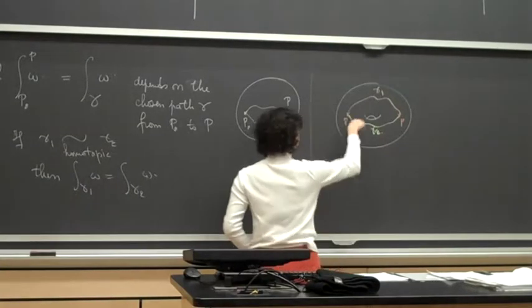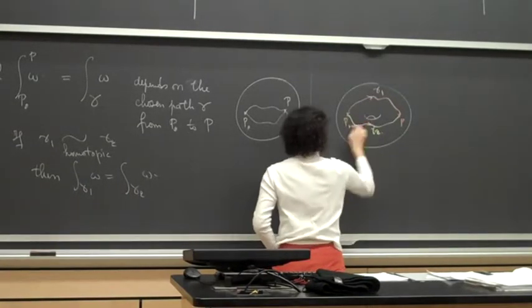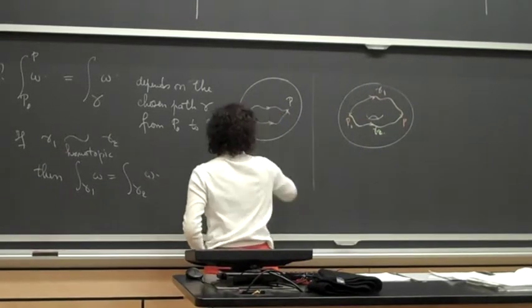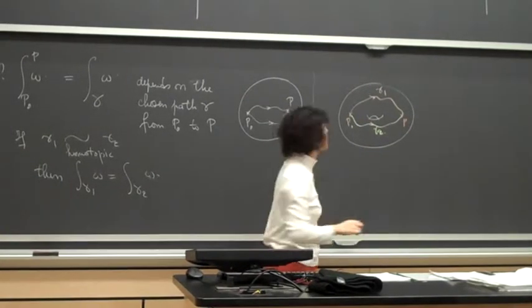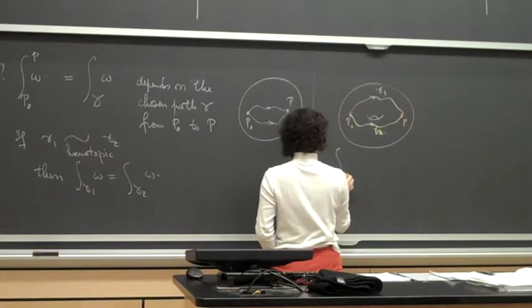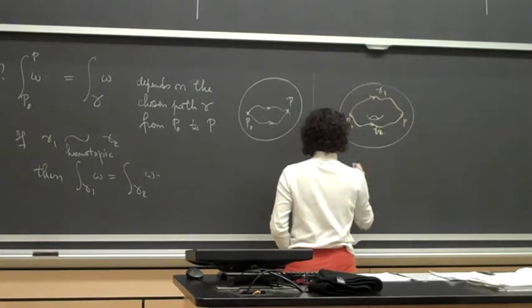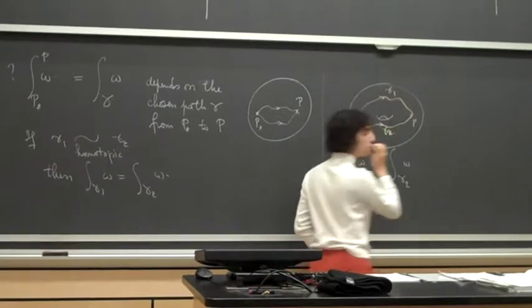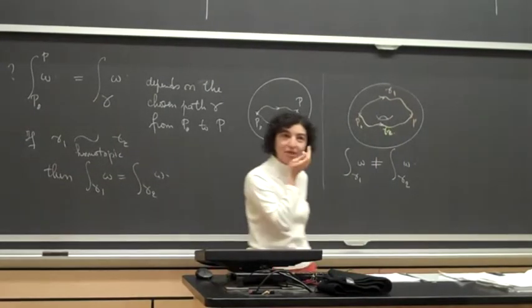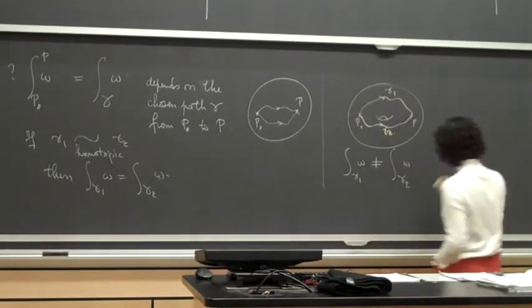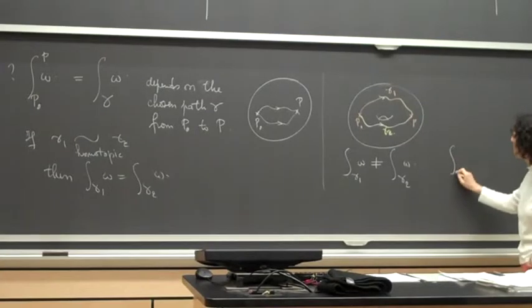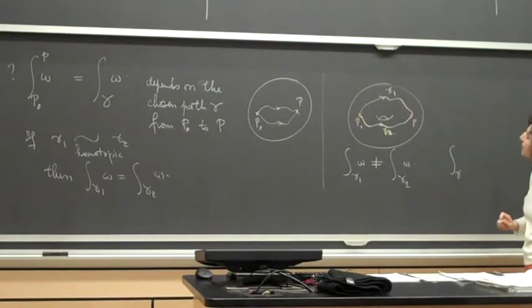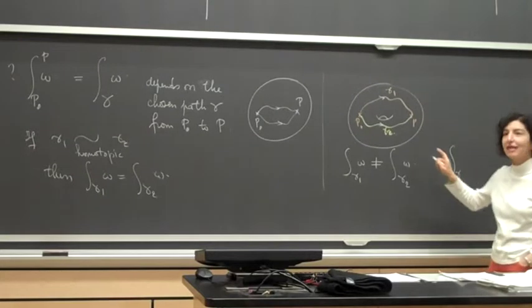In fact, if you take the difference, right, these are oriented paths, sorry, I should have said that. So the integral over gamma 1 of omega is no longer equal to the integral over gamma 2 of omega, right? Or you can write that in a different way. You can say that the integral over gamma, yes?